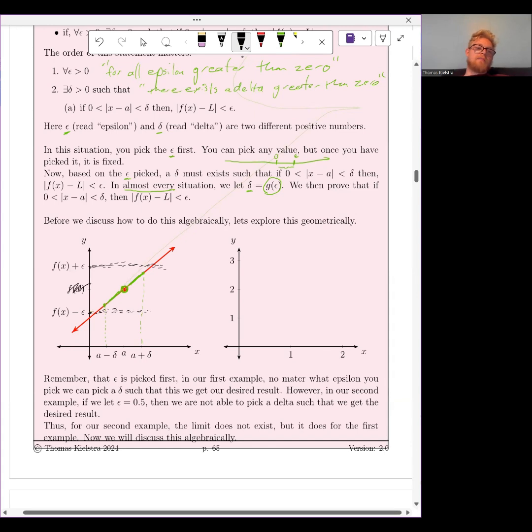So if I let this be L, this be L plus epsilon, this be L minus epsilon, my curve lies within this error region, this plus or minus epsilon. So we would say the limit existed. And remember, we pick this band, this plus or minus epsilon first, then you can pick a delta based on this epsilon.